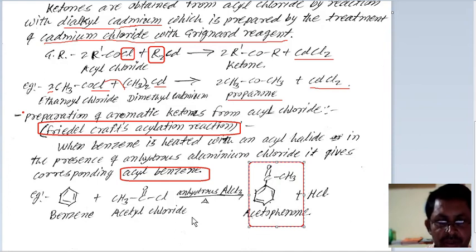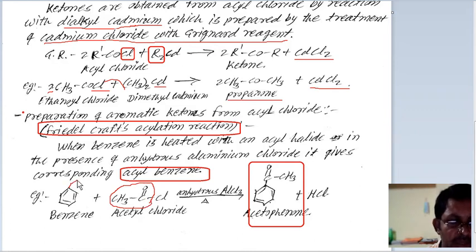How is it formed? See here. The benzene ring contains 6 carbon atoms, and at each carbon atom there is one hydrogen atom. One hydrogen atom of a carbon atom is replaced by the group CH3CO.